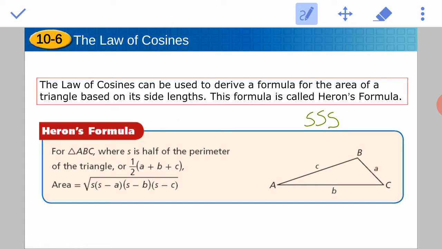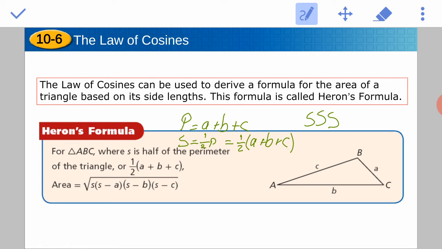Heron's formula is based on the perimeter of this triangle. Guys, everybody knows the perimeter of a triangle P equals the sum of the three sides. So it's a plus b plus c. If you have this perimeter, you will get a new quantity called s. Consider the quantity s is equal to half the perimeter. So you're going to multiply this sum by half, times a plus b plus c.